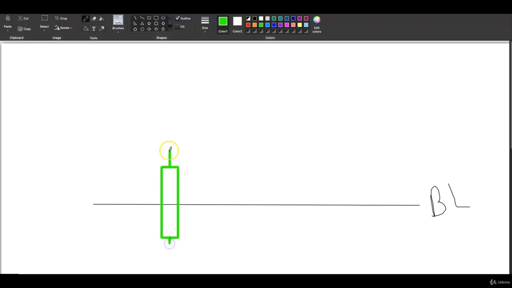Now it's a small rejection, we can clearly see here. Let me color it properly. Yes, now here you can clearly see this is our bullish candlestick, and at this candlestick there is a presence of buyers from here to here. The lower wick represents the presence of buyers and the upper wick represents the presence of sellers.